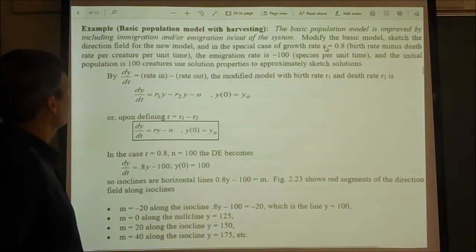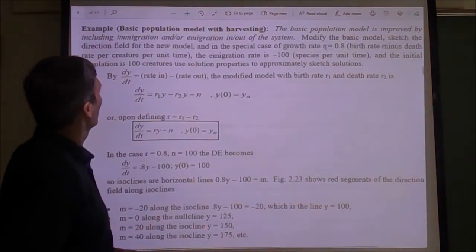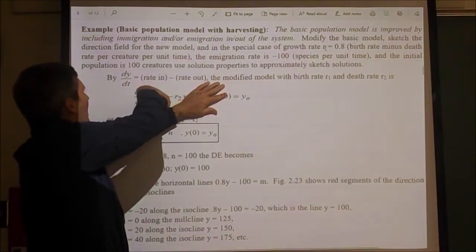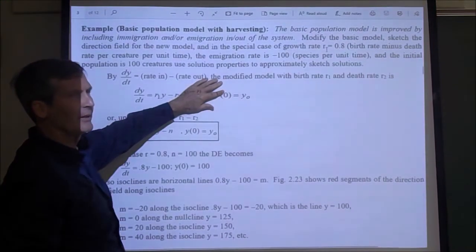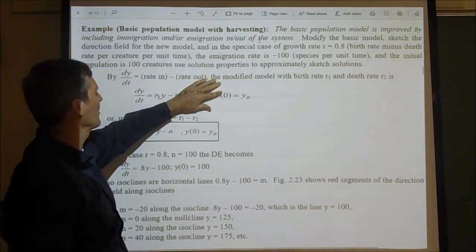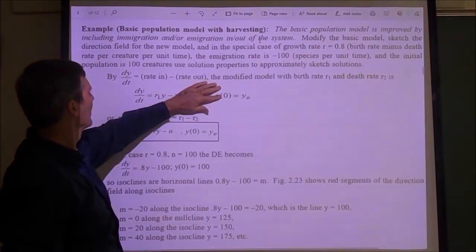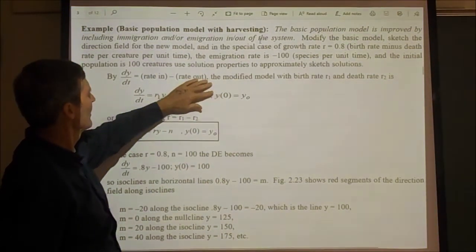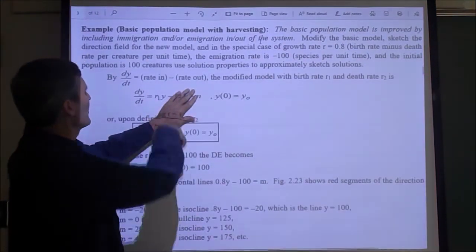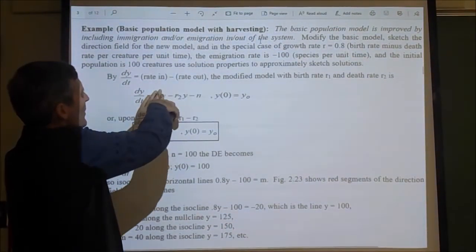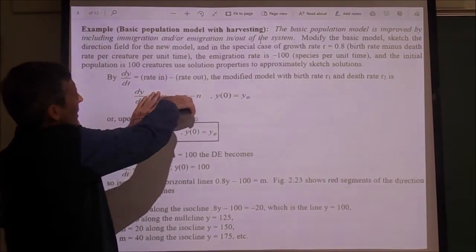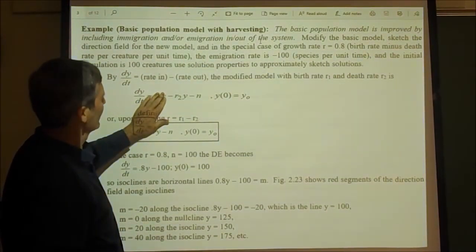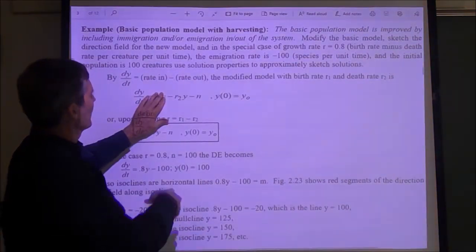Here's an interesting problem model where you have a basic population model, dy/dt equals a constant times y. Remember that one? dy/dt equals ky or ry, your population model from calculus. Well, what if you also have a birth rate proportional to the population present and a death rate proportional to the population present?